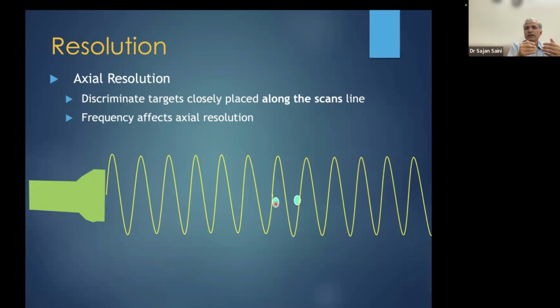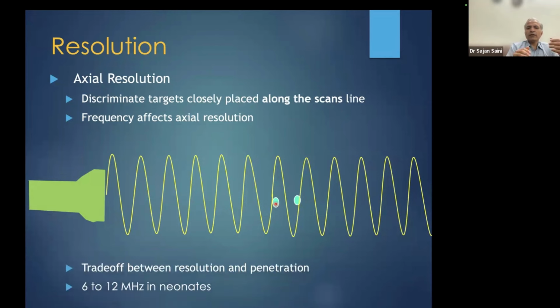So what is the bottom line? The bottom line is that the higher the frequency, the better the axial resolution. And I have discussed that there is a trade-off between resolution and penetration. So the moment we increase our frequency, we increase our axial resolution and we compromise on the penetration, because with higher frequency the waves will not penetrate so deeply.